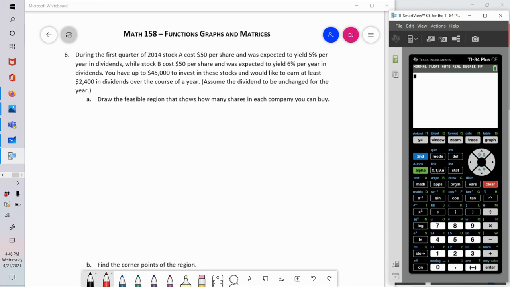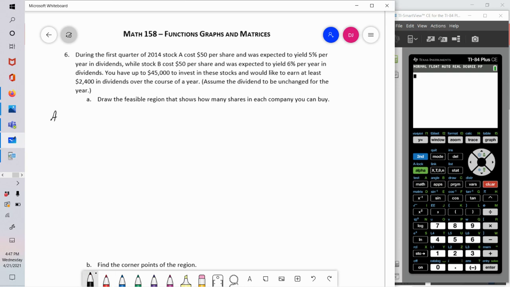If I want to draw the feasible region that shows how many shares in each company you can buy, I first need the equation. Okay. Now we're going to buy, let's just say A shares, let's do this in black, not red.